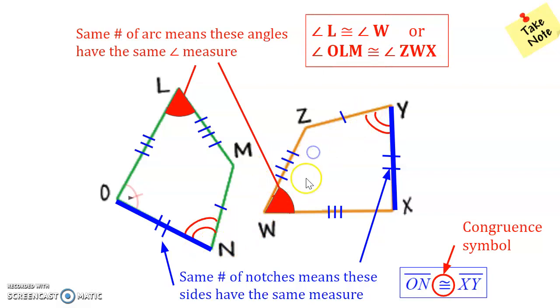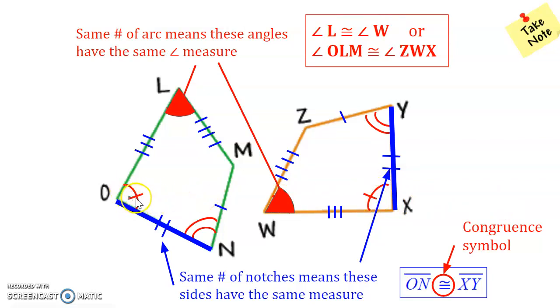And alternatively, you might sometimes see on textbooks and some other sources, you could put an arc notation plus just number of notches, and another arc with the same number of notches here.